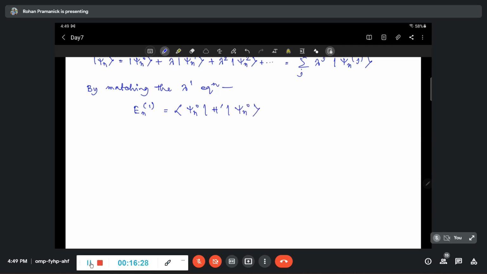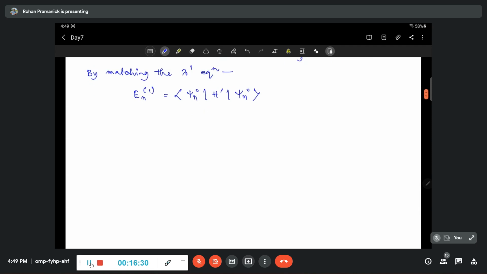So this was the energy expression for the first order correction. And for the second order, this is psi n 1.